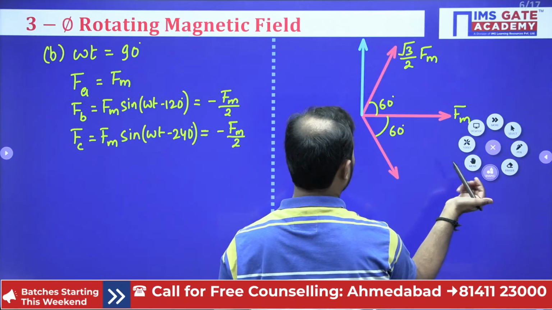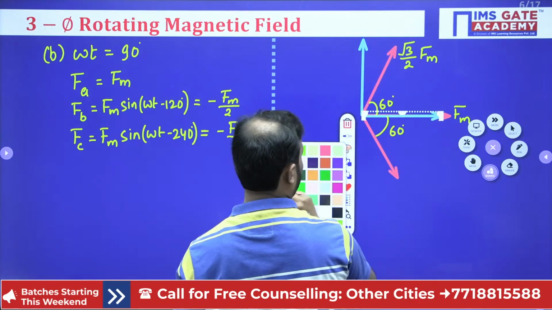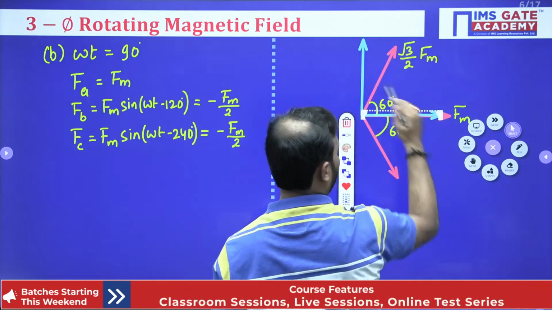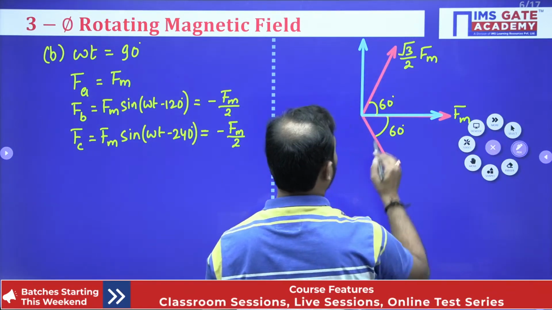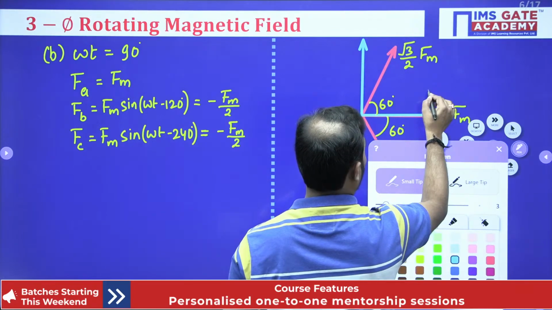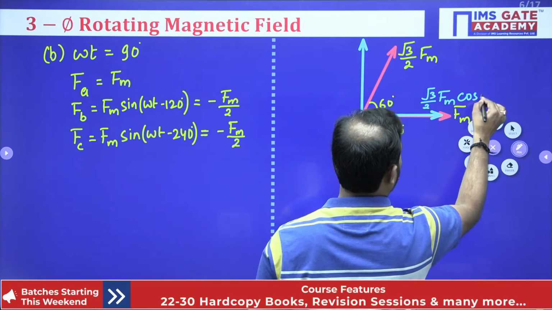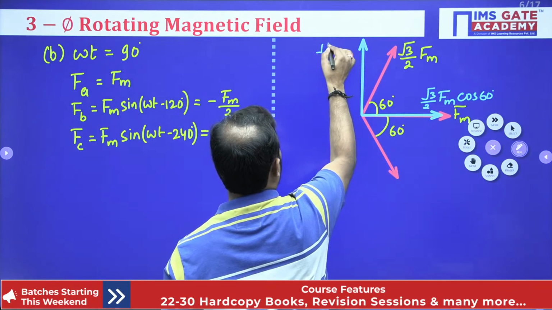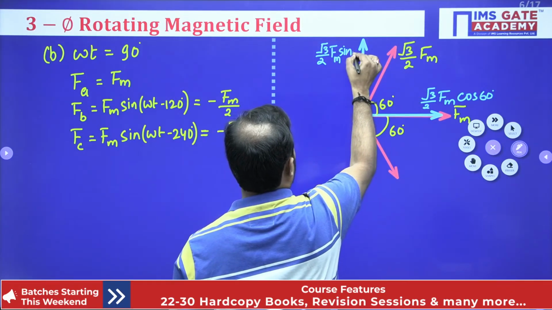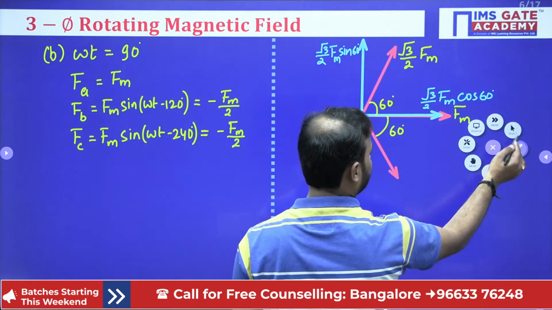Sorry, actually it will be here. Due to this component, okay. And this will become Fm by 2 cos 60 this time, and this will be Fm by 2 sin 60 degree. Let us resolve this one.